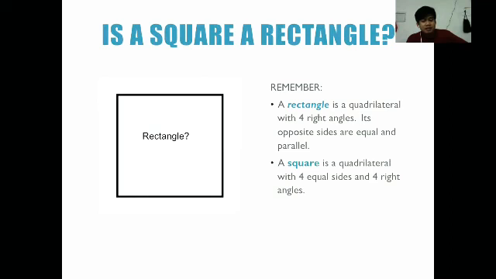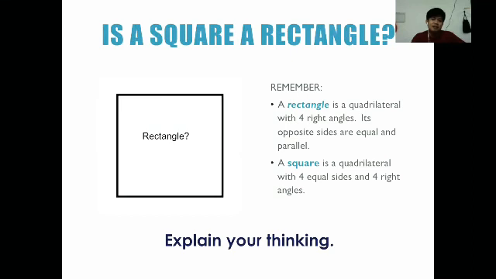While yung square naman is a type of quadrilateral with four equal sides and four right angles. So, yung square ba is a rectangle? Yes. A square is a type of rectangle. Okay? Next.